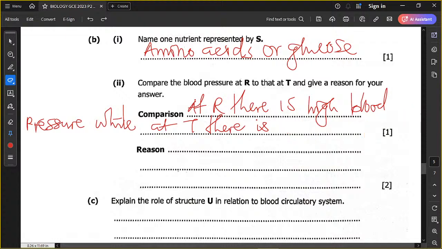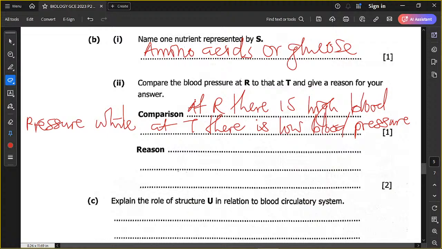So we're saying at T there is low blood pressure. Okay, so that is the comparison.